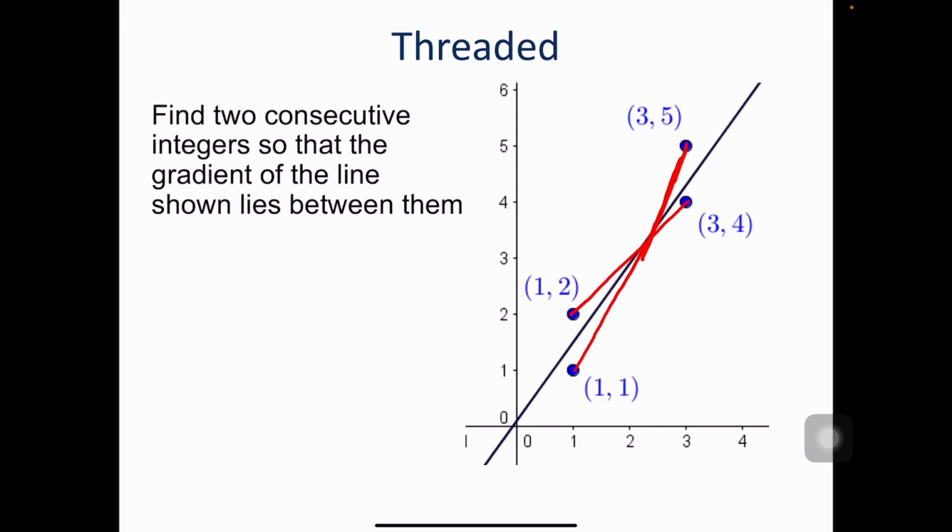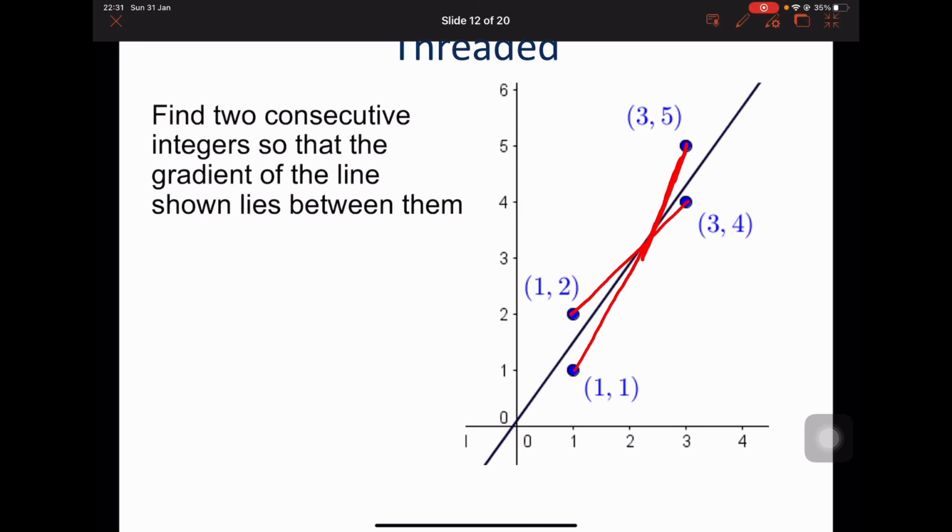Okay, so I am going to work out the gradient of this line, this red line. So changing y is 2, changing x is 2, so the gradient is 1. So I'll write here m1 equals 1.